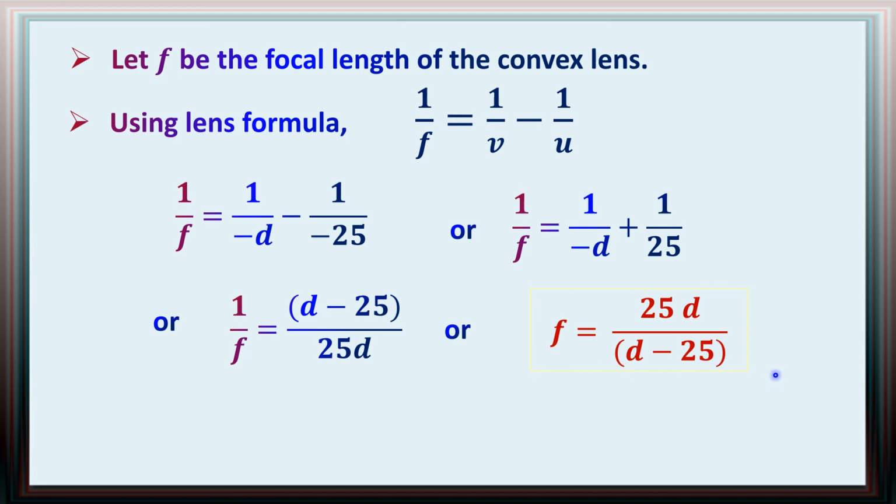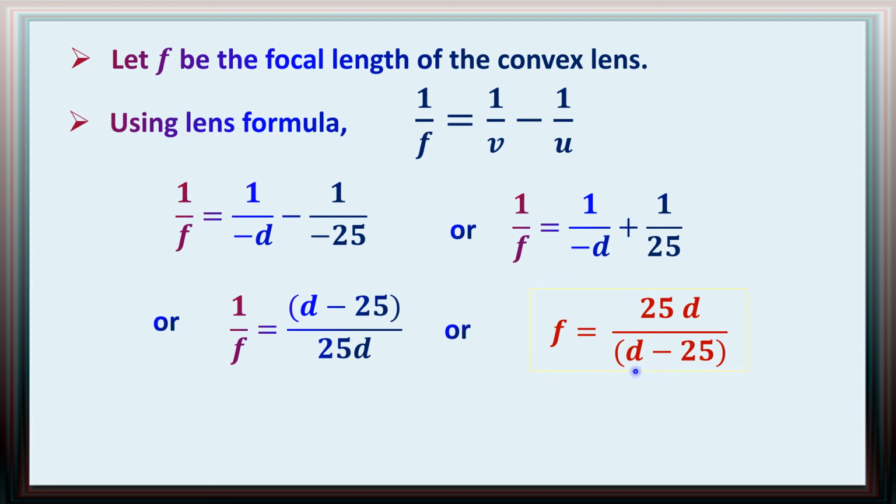This is a very important thing I am explaining to you. Listen very carefully. The focal length of the convex lens that we use to correct the hypermetropia is given here. We ought to use this formula to find the focal length. In this formula, d is the distance of the near point. And here, d in the denominator, d is always greater than 25 only, because H is beyond L always.